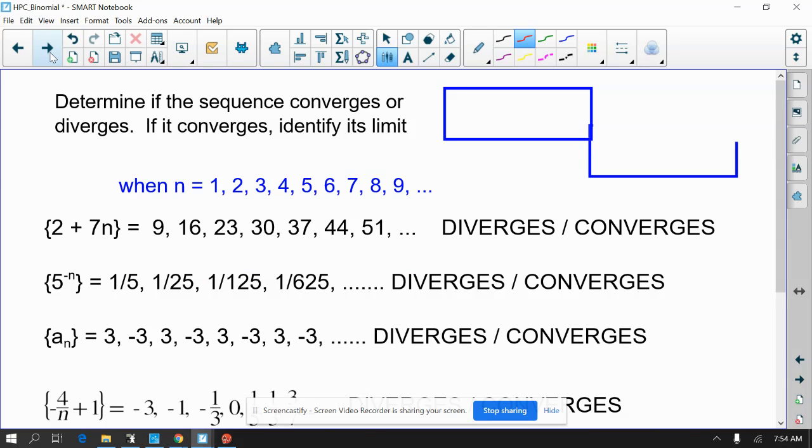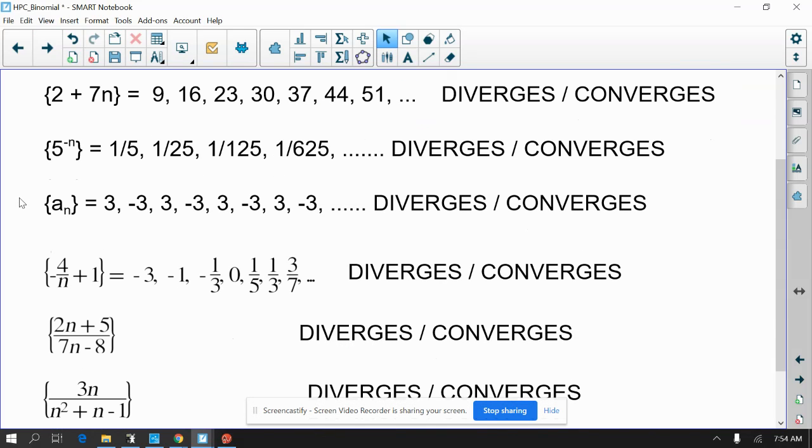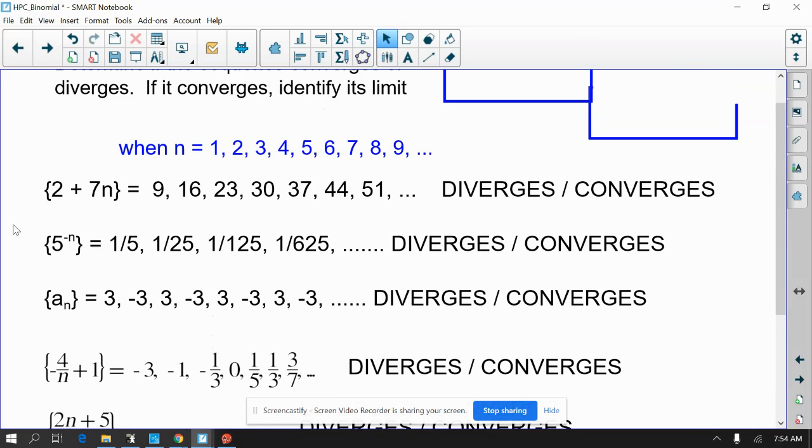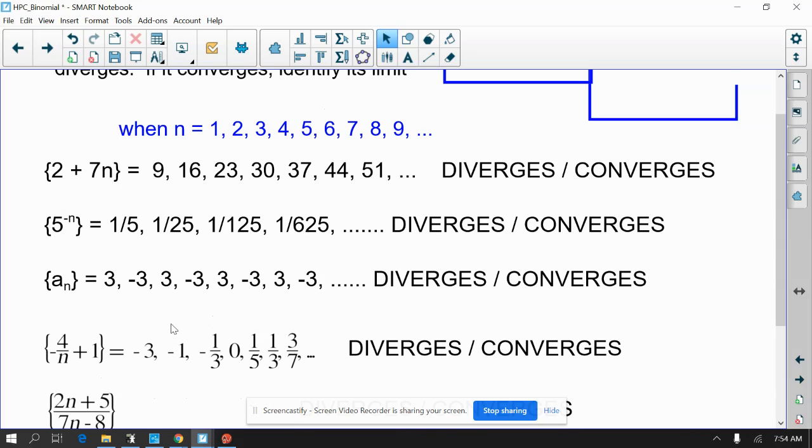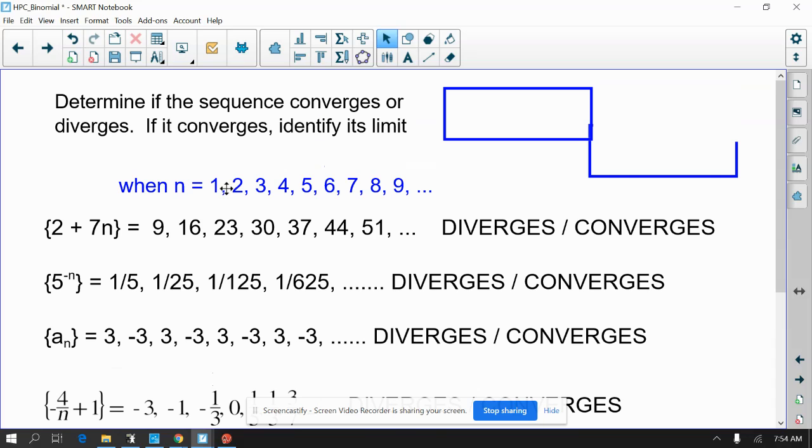So let's take a look at some examples here. I've got 6 sequences. Some of them are listed out, the first several terms, and some of them are not. So let's try to think this through. Here's the domain, all positive integers. Here's the range for this specific sequence. Are these numbers getting close to a real number, or are they approaching infinity?